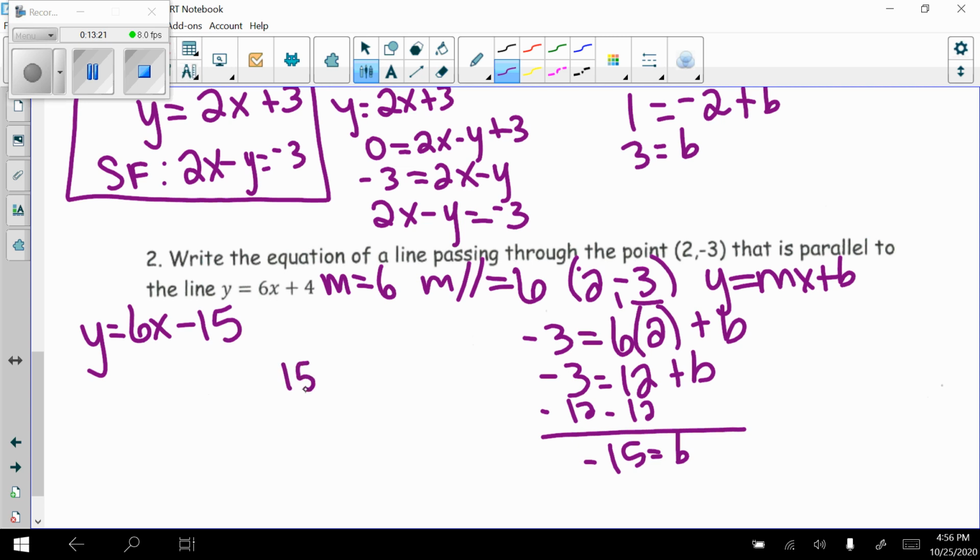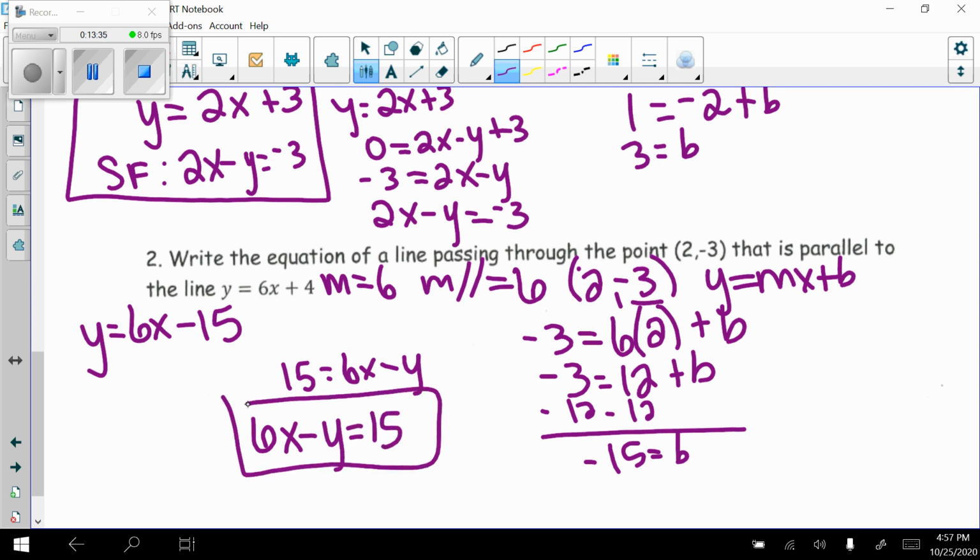So I get 15 equals 6x subtract y. But I want everything flipped. So by symmetric property, it's the same thing as saying 6x minus y equals 15. Standard form, slope-intercept form. You still don't have the hang of that, don't worry, because we're going to do some more examples.